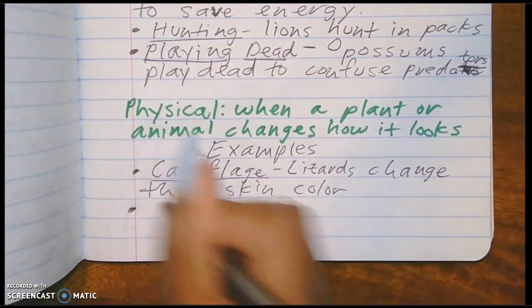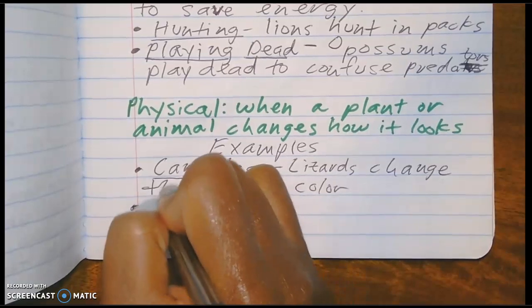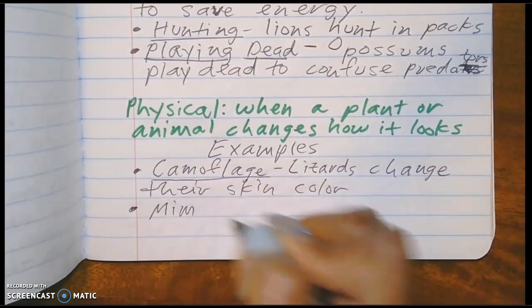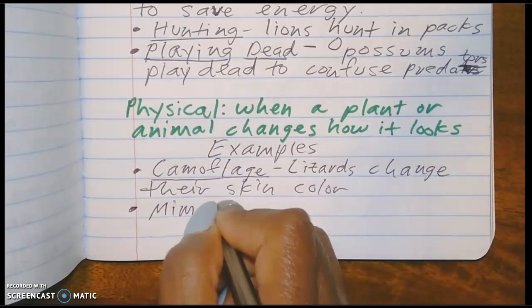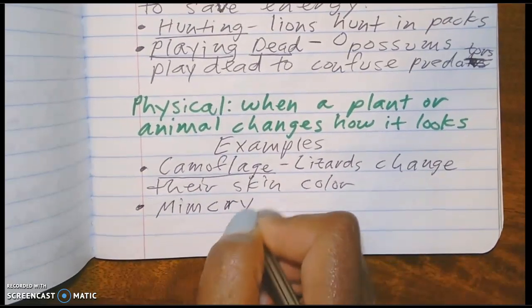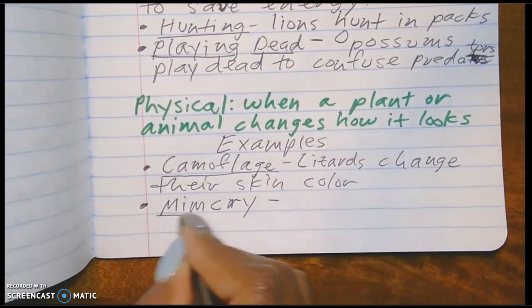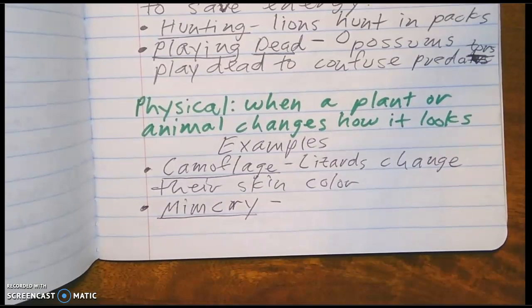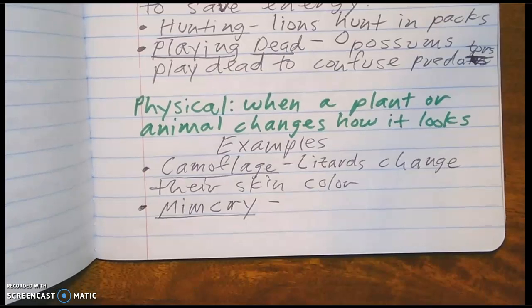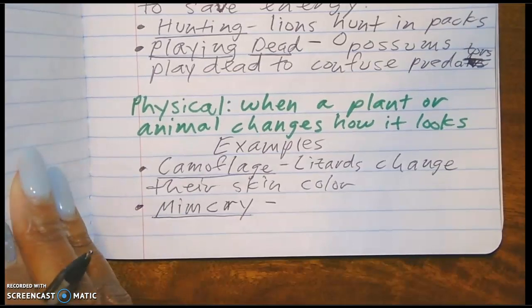Next, mimicry. To mimic means to copy something. Mimicry. So what is that? It's when an animal changes the way that it looks, so maybe it'll trick you into thinking it looks like another animal, even though it's something else.